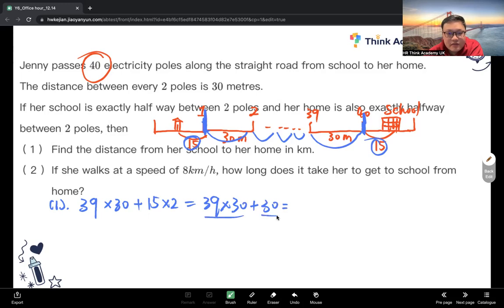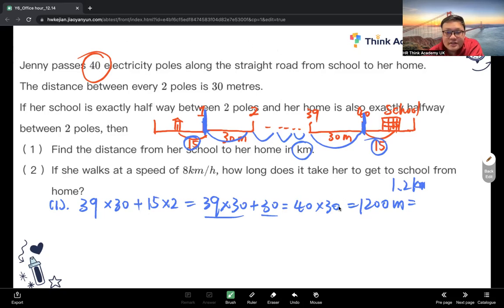In total, that will be 40 times 30, which equals 120 meters. Then you convert that into kilometers, which is 1.2 kilometers.